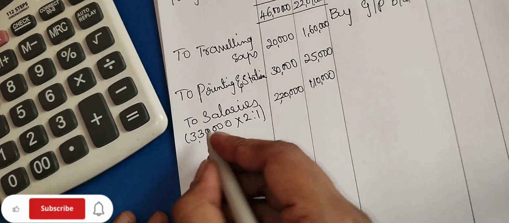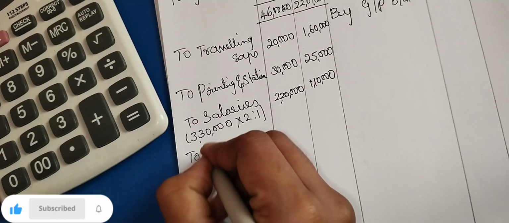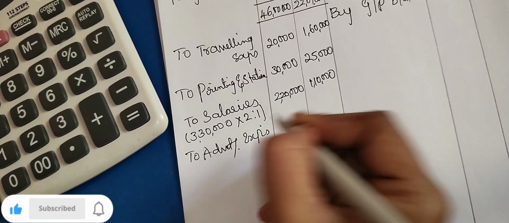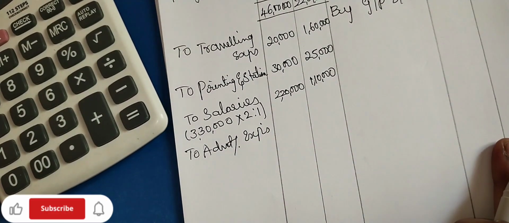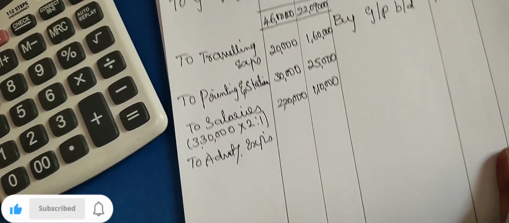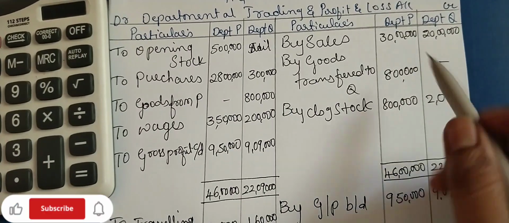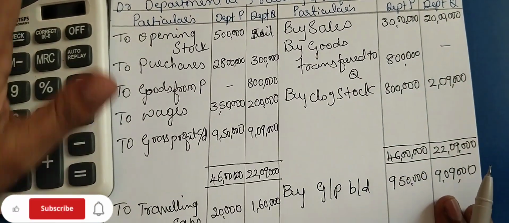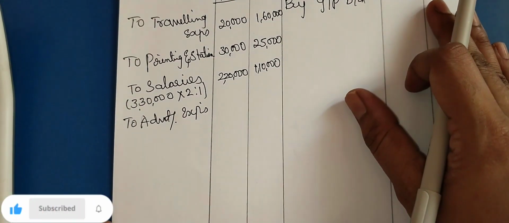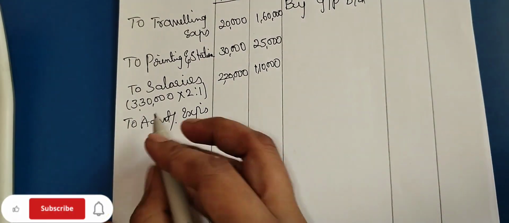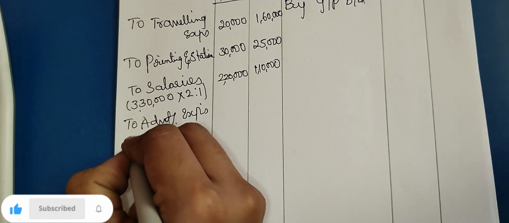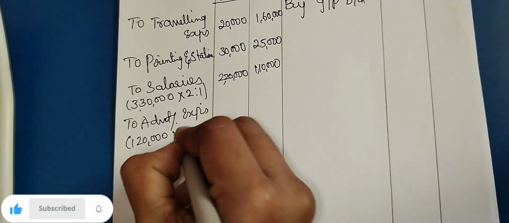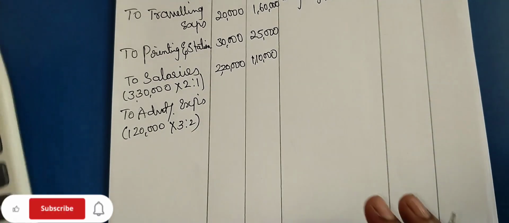Then we have advertisement expenses. We distribute them based on the sales ratio. Here you can see the sales; if you cancel all the zeros, we get 3 is to 2. So in the ratio of 3 is to 2 we distribute the advertisement. Advertisement amount is 1,20,000 in the 3 is to 2 ratio.